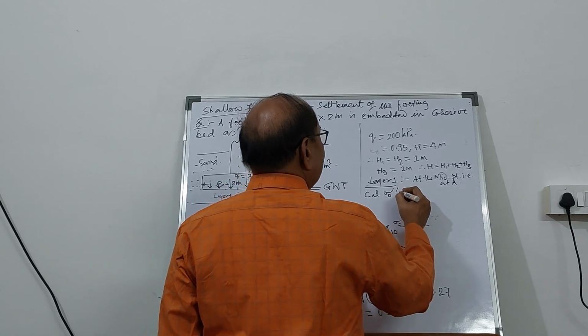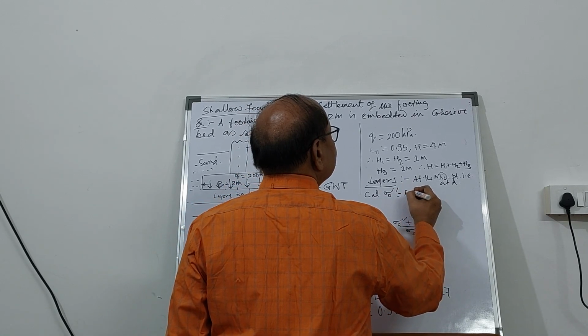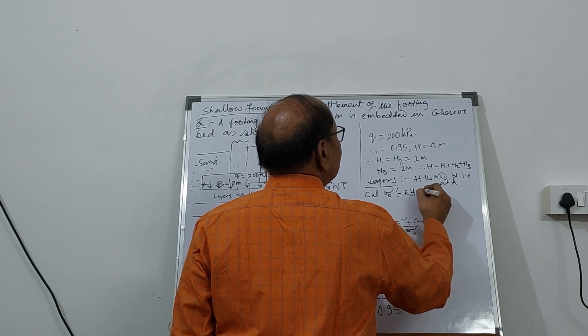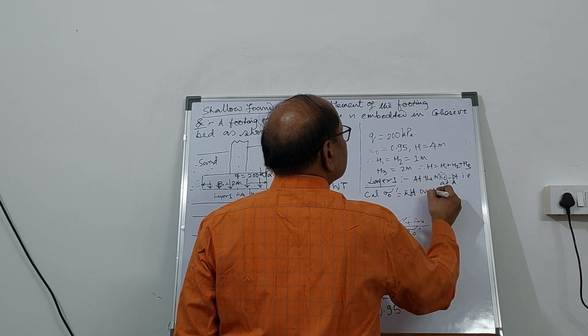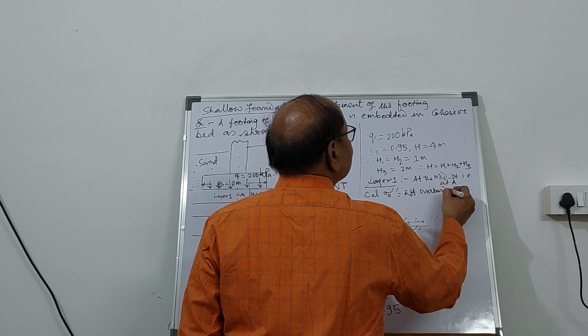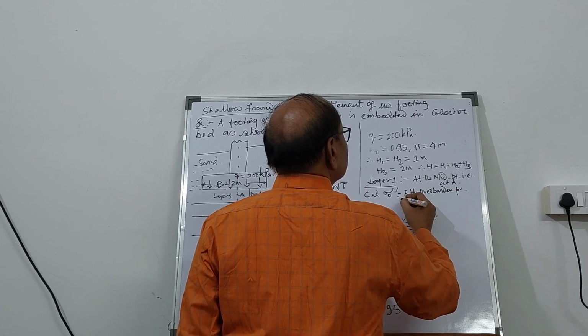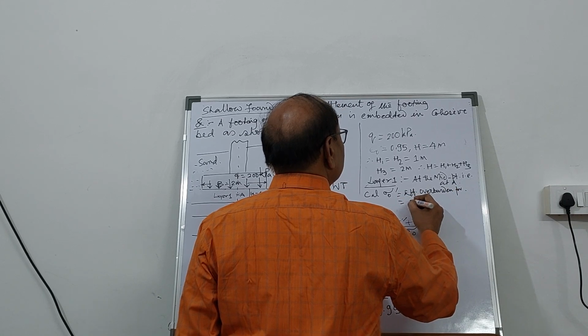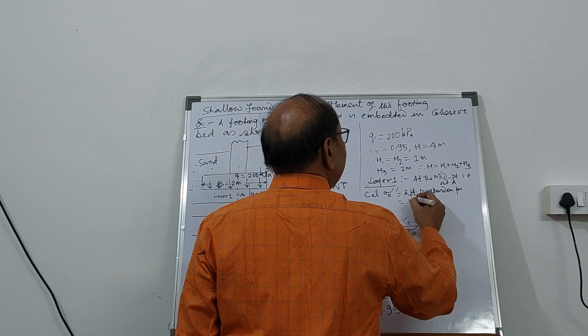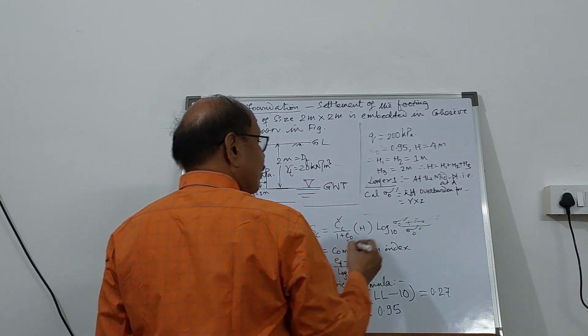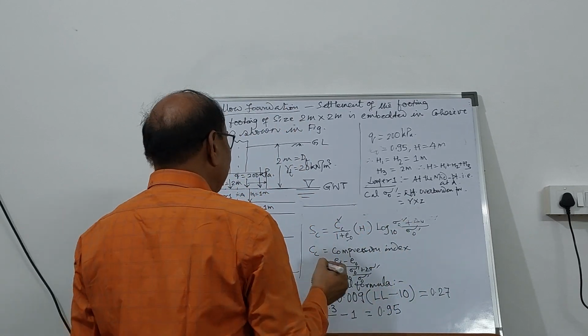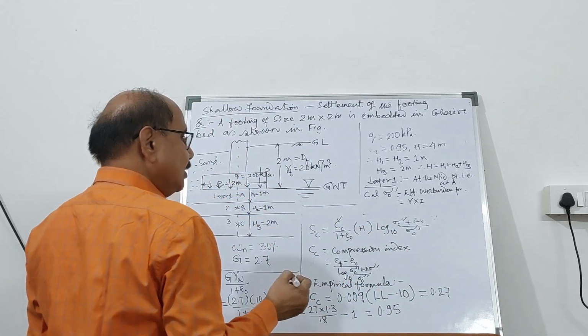So sigma naught prime is called effective overburden pressure, which will be equal to the unit weight multiplied by Z, the depth of that point from the ground level.